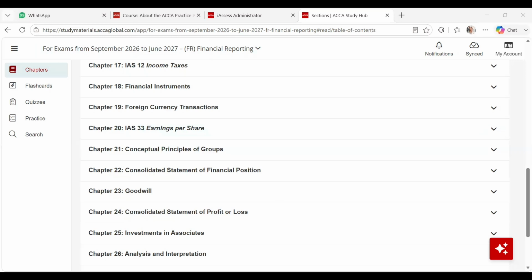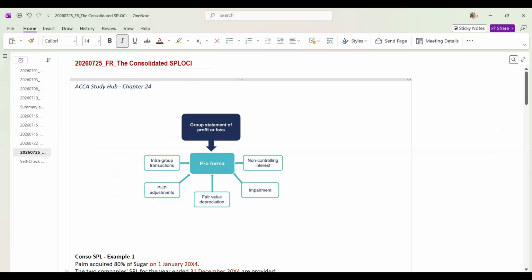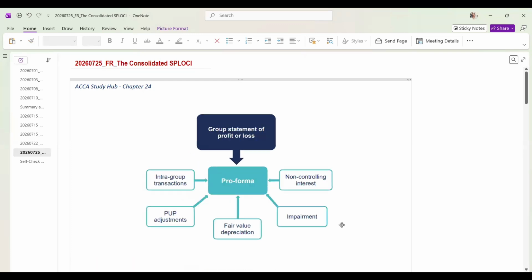I have a diagram which I copied from Kaplan. What this mind map is telling you is that if you are asked to bring the statement of profit or loss of parent and subsidiary together, so we call it the group statement of profit or loss, or if you like, the consolidated statement of profit or loss, the recommendation is that you should put up the pro forma.